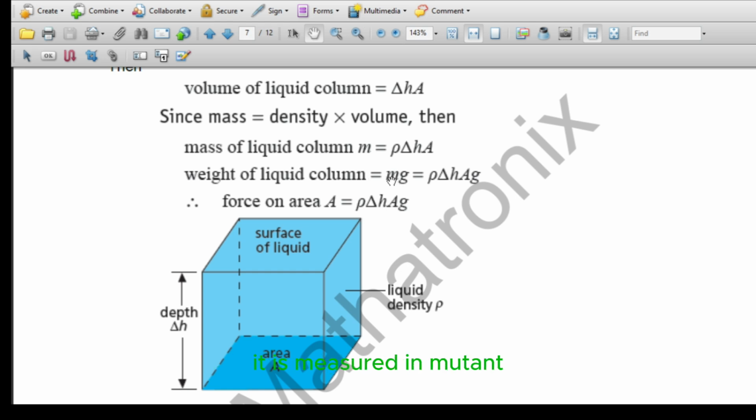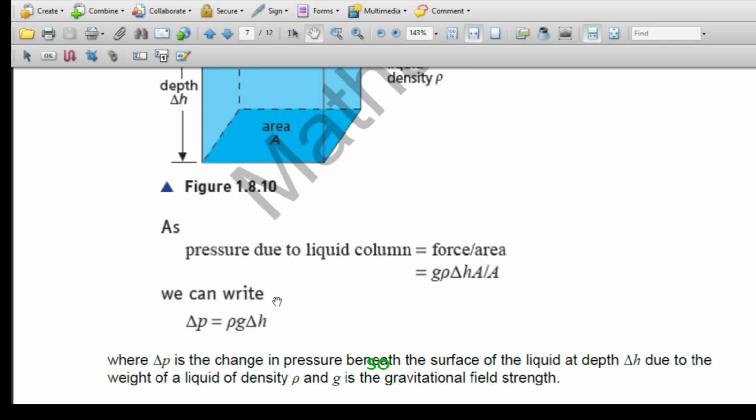It is measured in Newton, and force on area becomes the weight on that area. So the pressure due to the liquid column is force per area, so we divide by this area, and this A will cancel, giving rho g delta H. So the pressure becomes rho g delta H, and delta P is the change in the pressure beneath the surface of the liquid at depth delta H due to the weight of the liquid of density rho, and g is the gravitational field strength.